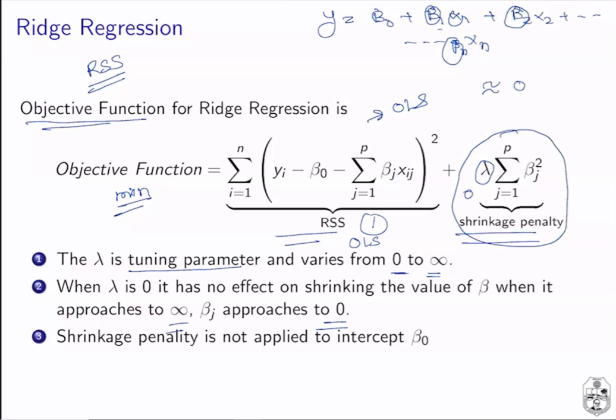That is the objective of adding this second term. And if you closely observe, the objective function now has two components. The first component is the RSS, and this first component depends on the training dataset.